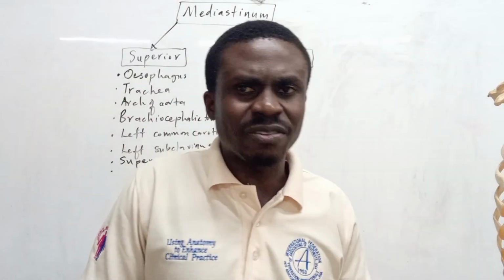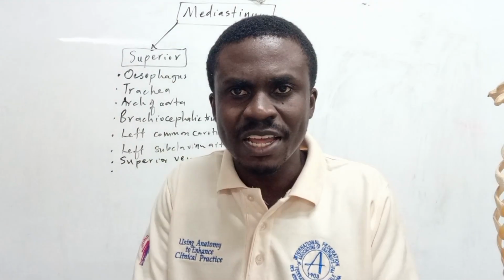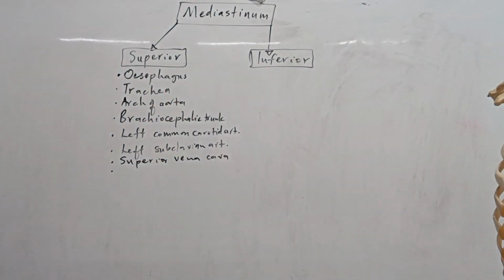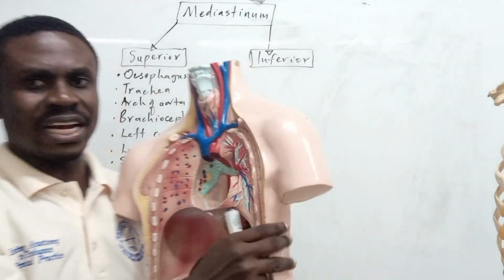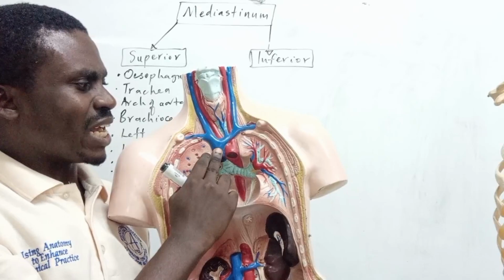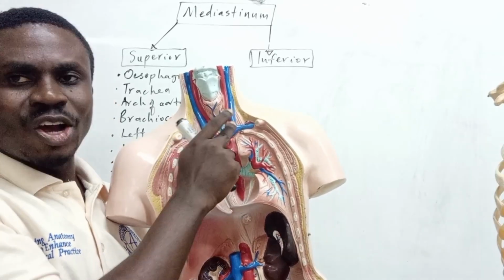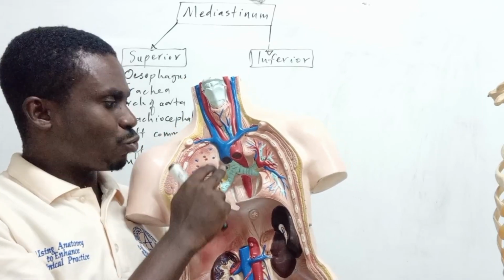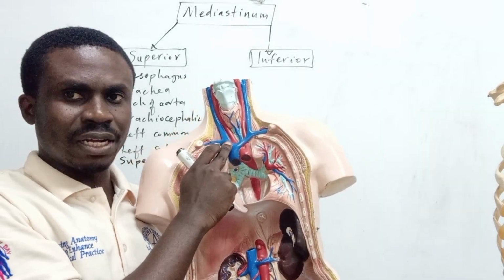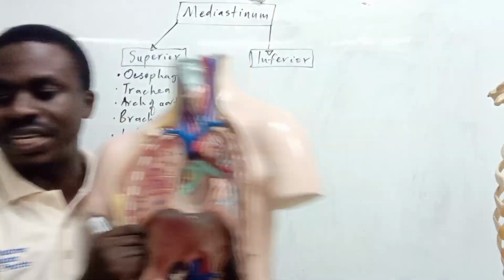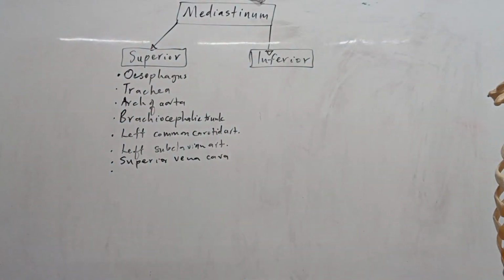So we have to think about the formative tributaries of the superior vena cava too. What are the formative tributaries of the superior vena cava? So yes, I have the superior vena cava over here. And what are the formative tributaries contributing to this one? So we are talking about the right brachiocephalic vein, and of course the left brachiocephalic vein.